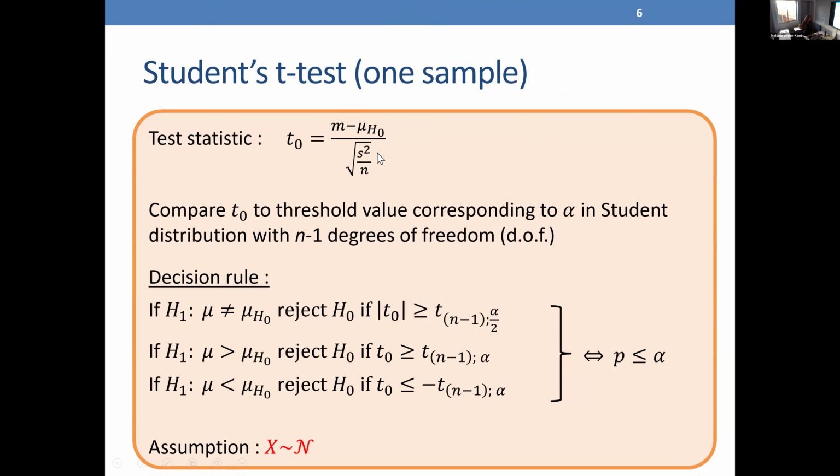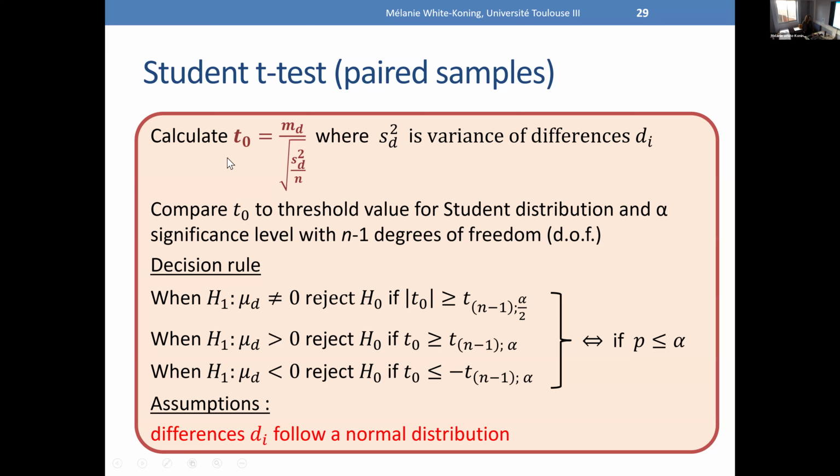This is the same formula with mu equals 0. That's just so you notice that Student t-test with paired samples is the same as comparing one sample to a reference value. And then it's the same as usual with a Student distribution of n-1 degrees of freedom.